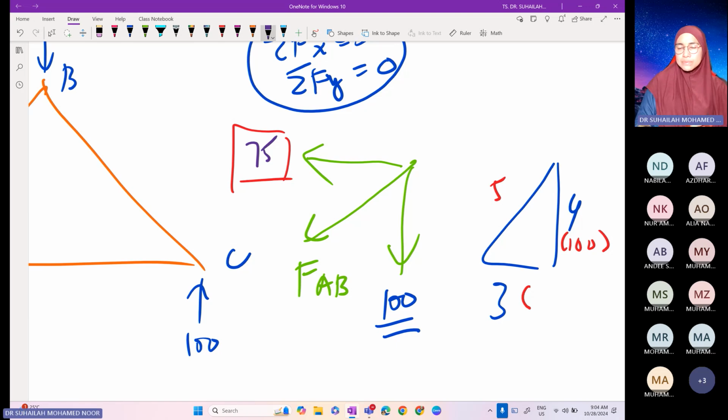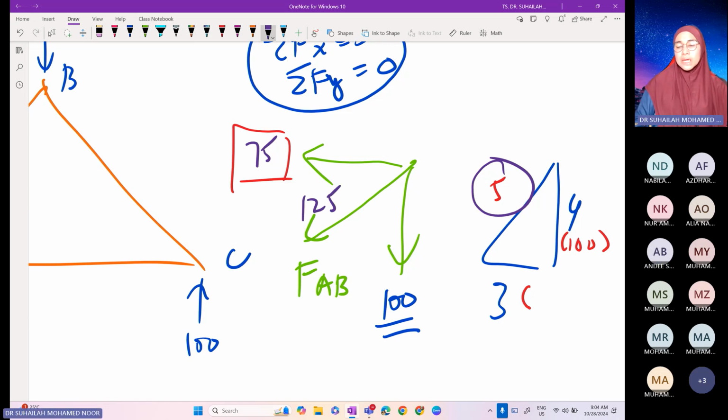Nilai hypotenuse tu, based on 5 ni. Berapa? It is just interpolation. 125. Yes, 125. Maksudnya dia gandaan 25 ya.